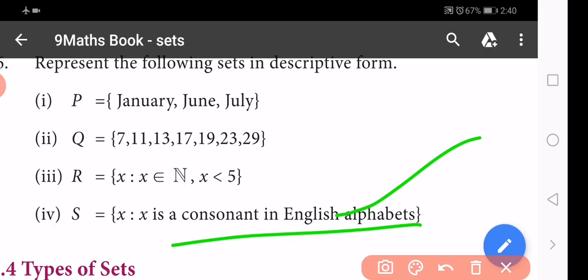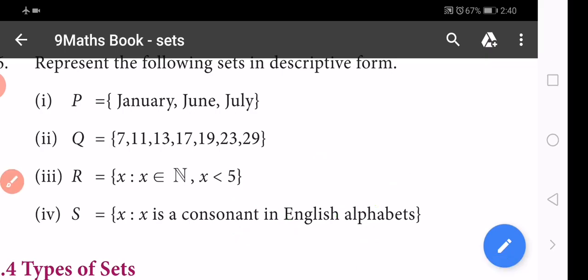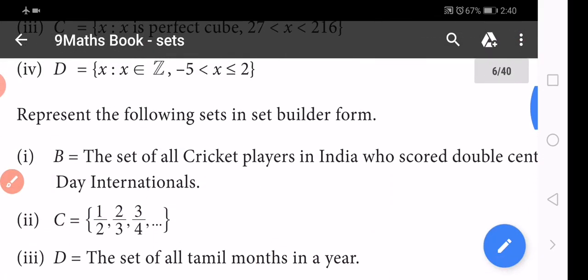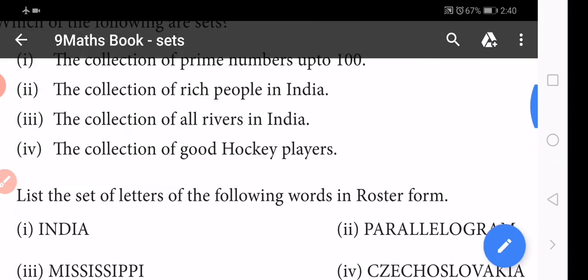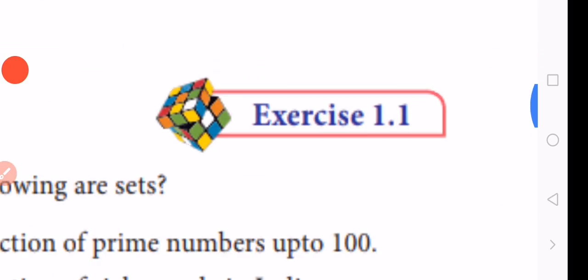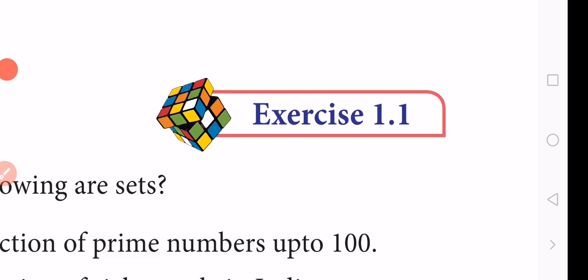Okay students, do you have any doubts? So this is our first exercise 1.1, and now we complete exercise 1.1. In this exercise we first discussed what a set is, that is the definition of a set, and gave some examples.